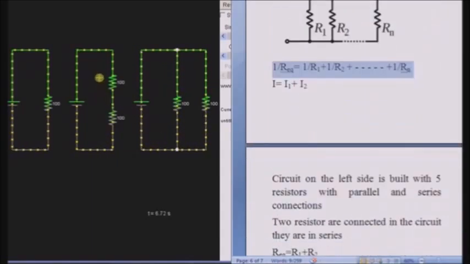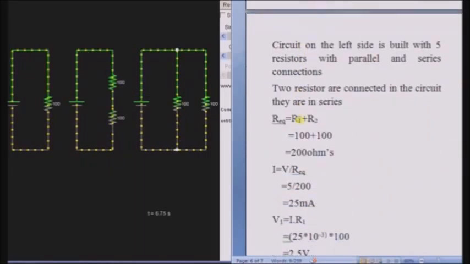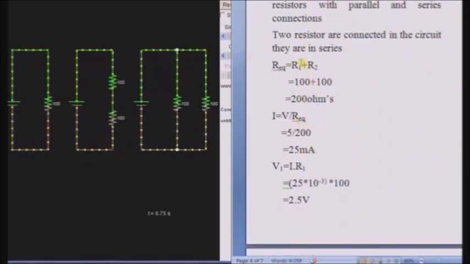Now we will see an example by calculating the voltage and current for these circuits. When resistors R1 and R2 are connected in series, the equivalent resistance is the sum of these two. That is 100 ohms plus 100 ohms equals 200 ohms.